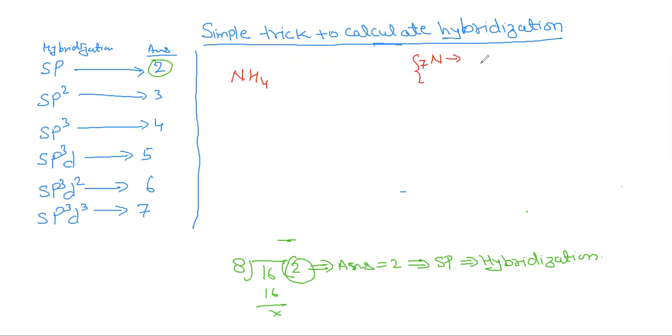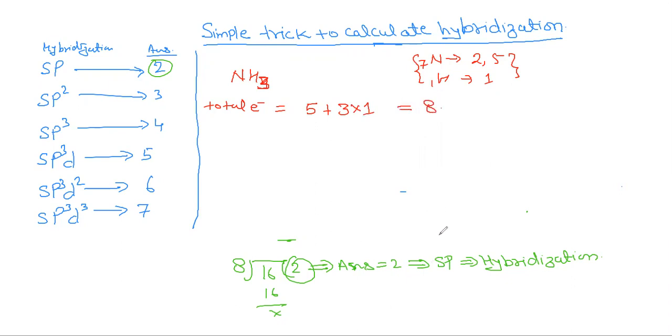Simple thing is to learn the atomic numbers. So now total electrons in NH3: nitrogen contains 5 in the last shell, plus 3 hydrogen atoms, so 3 into 1. So total electrons equal 8.